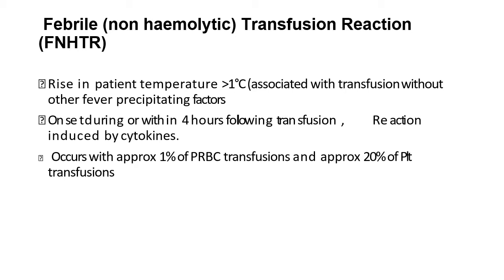It is mainly induced by cytokines and occurs with approximately 1% of packed RBC transfusion and approximately 20% of platelet transfusions. Okay. So again, important thing is onset is within 4 hours. Temperature should be more than 1 degree, not with other precipitating factors. Most commonly, 1% of packed RBC transfusion or 20% of platelet, it can be seen.